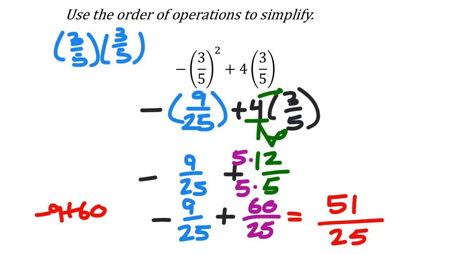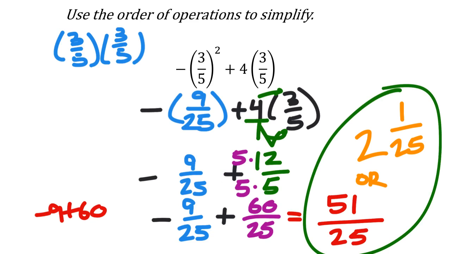Again, just to make this easier, I would change the improper fraction into a mixed number with a calculator, which I'll do. So if you wanted to change it into a mixed number because you just really like them so much, 2 and 1/25 would be your mixed number. But again, I'd say it's one or the other because they're equivalent in value.